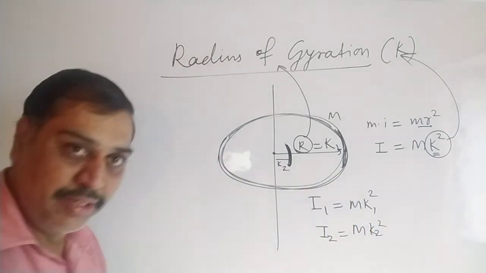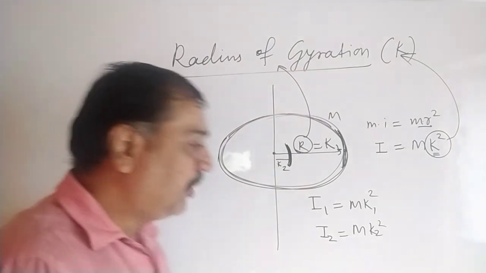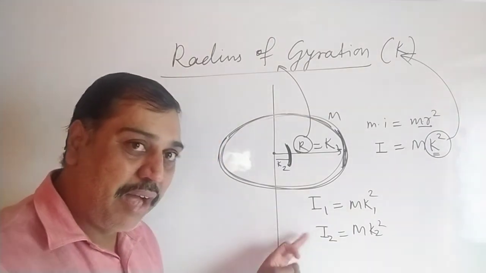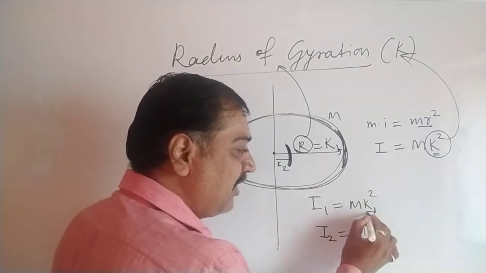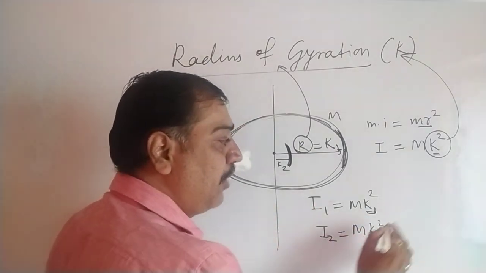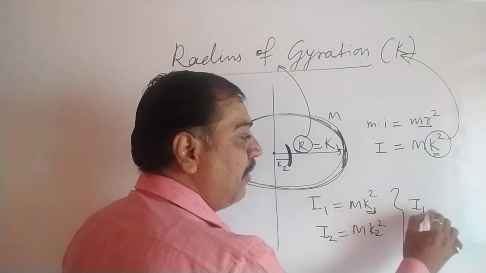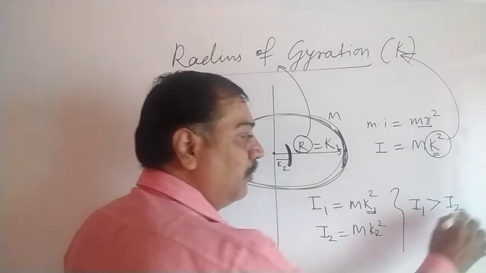Mass remains the same. Which moment of inertia is greater, I1 or I2? Common sense, as K1 is bigger, I1 is greater than I2.